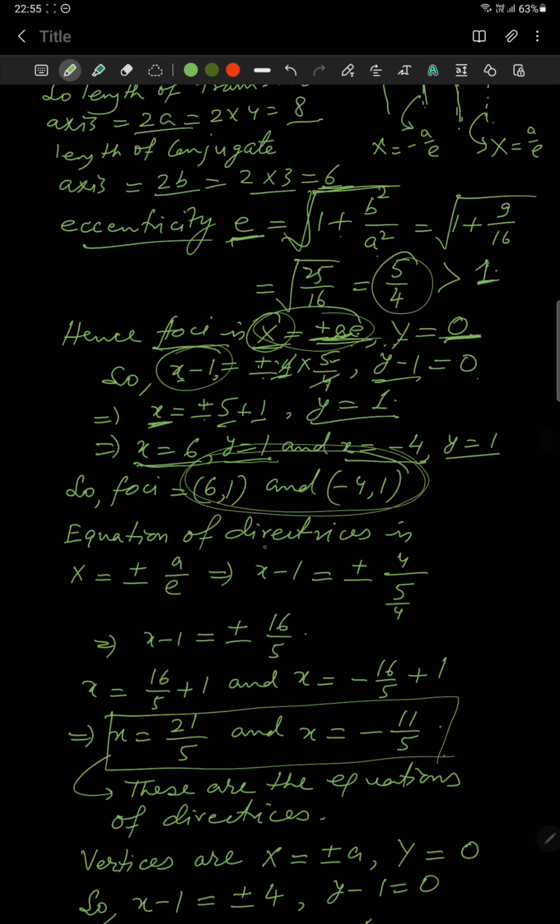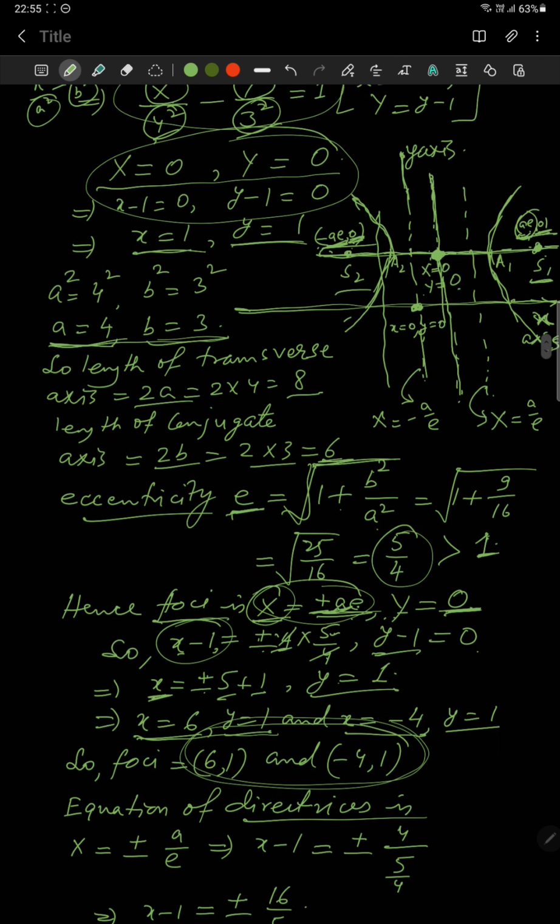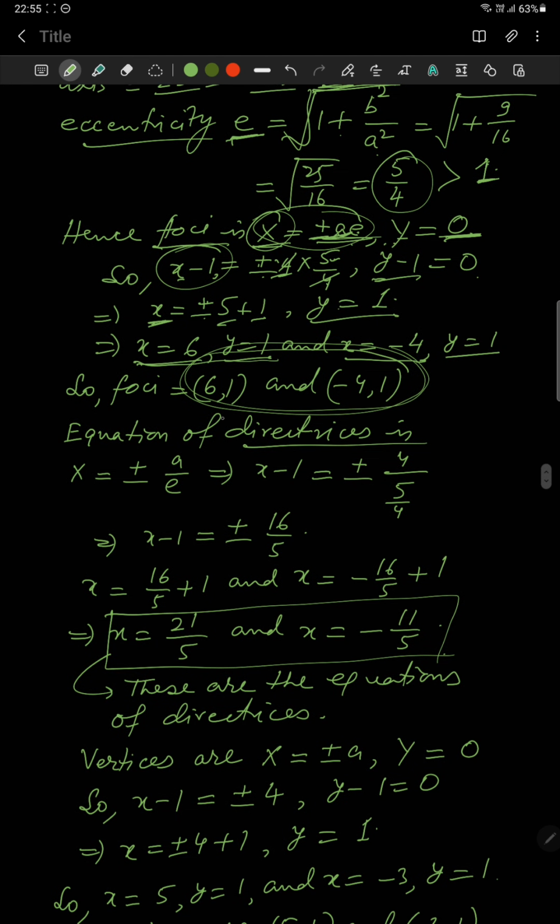Now the equation of directrices, which is shown over here in the diagram. This one is the first directrix and this one is the second directrix. This first directrix will be capital X equal to A by E, and the second directrix can be written as capital X equal to minus A by E, which is what I have written over here.